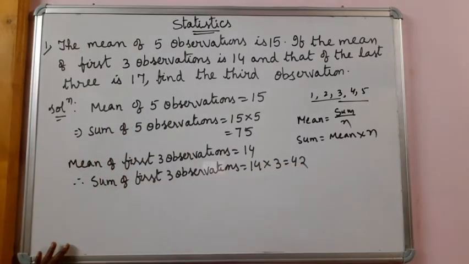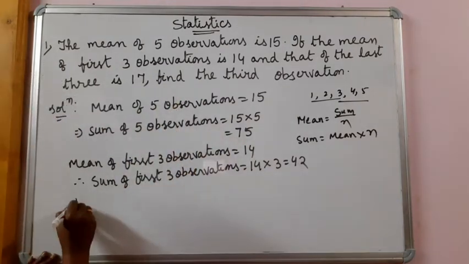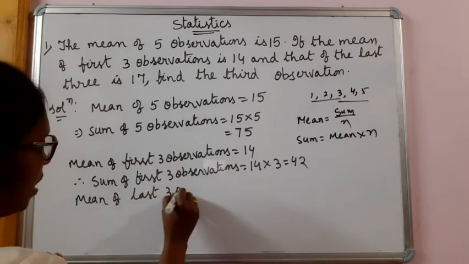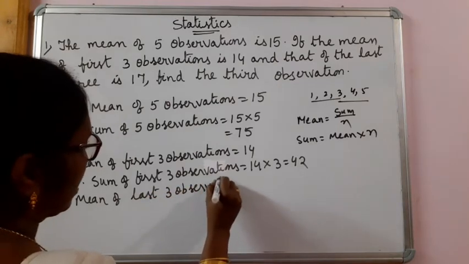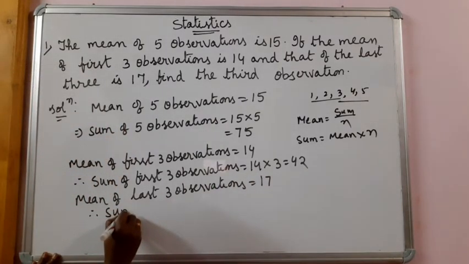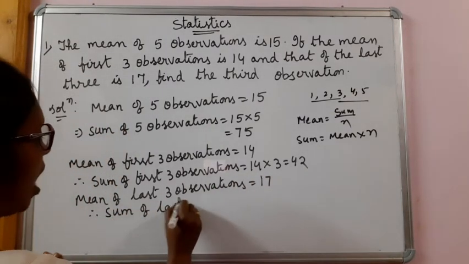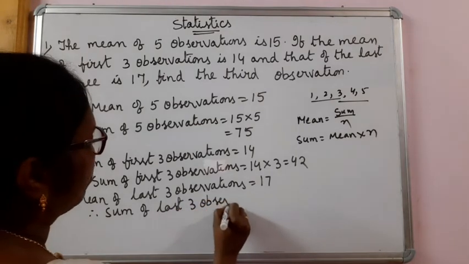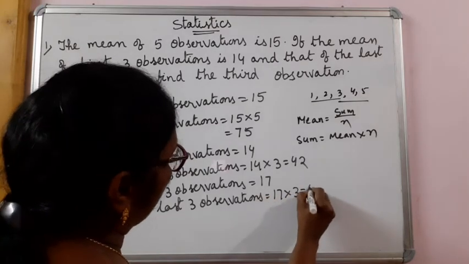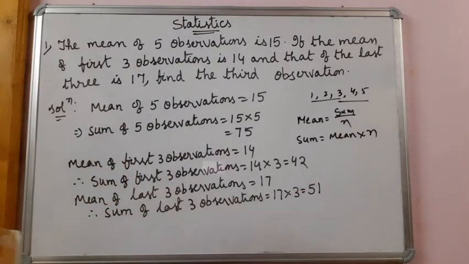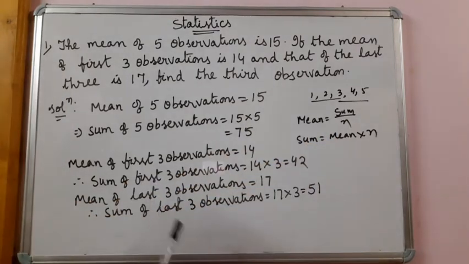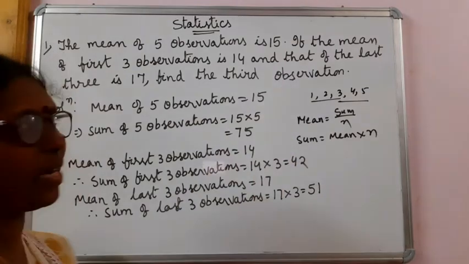And also the mean of the last 3 observations is given as 17. Therefore, the sum of the last 3 observations is 17 into 3, that is 51. I hope you understood why we multiplied. If it is so, find the third observation.